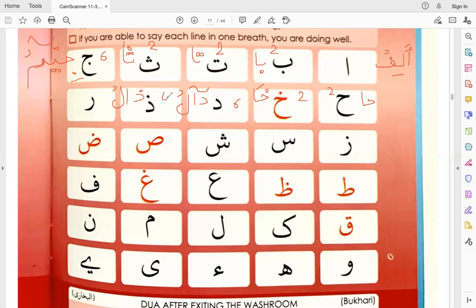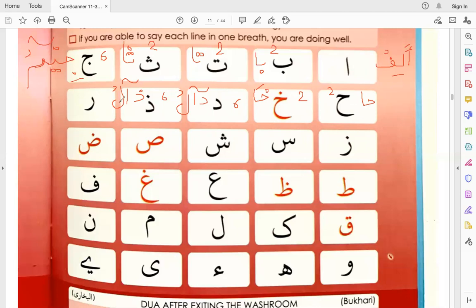So you are stretching it six haraka long. Thal, and there will be sukoon on the last letter. And tawassut. You are not stopping the lam very abruptly, but the medium flow of sound should be there.